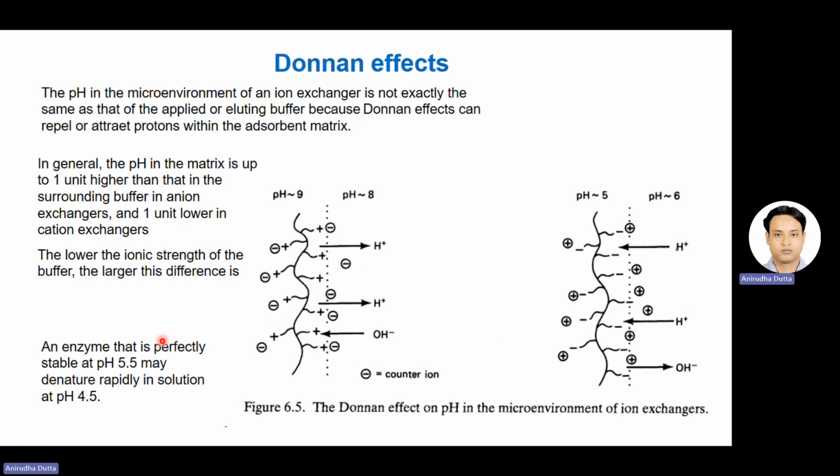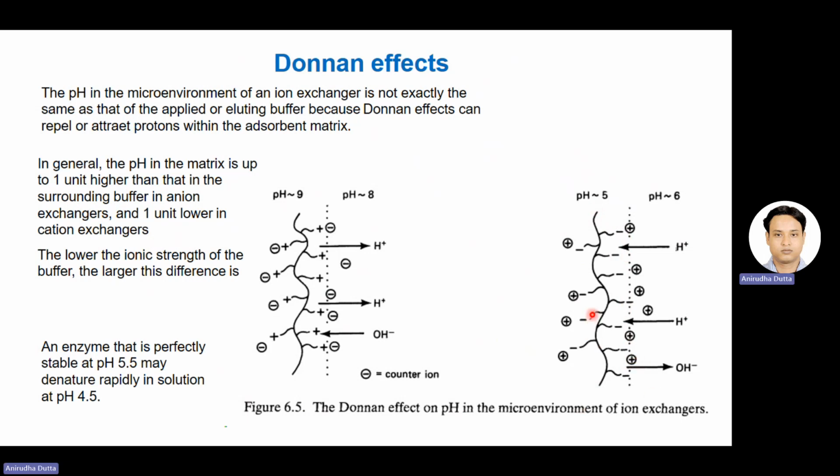So in case of an enzyme, suppose we applied a buffer of pH 5.5, in which the enzyme is supposed to be stable, but because of this Donnan effect, the matrix would be at 4.5, which might be detrimental for the structure of the protein.